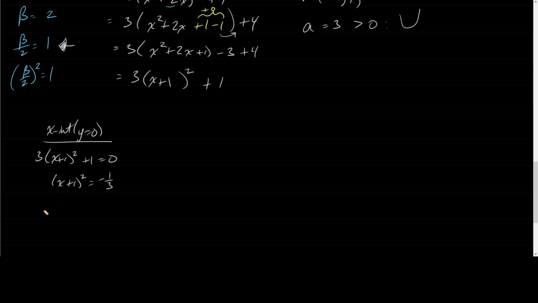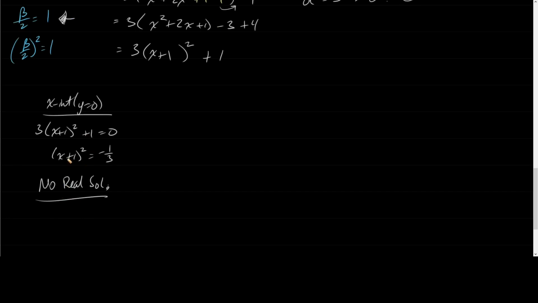And this has no solution. Let me rephrase that. It has no real solution, all right? Because the solution would not be a real number, and when we're sketching, we're only considering the real numbers. So this has no real solution, which tells us that it has no x-intercept.